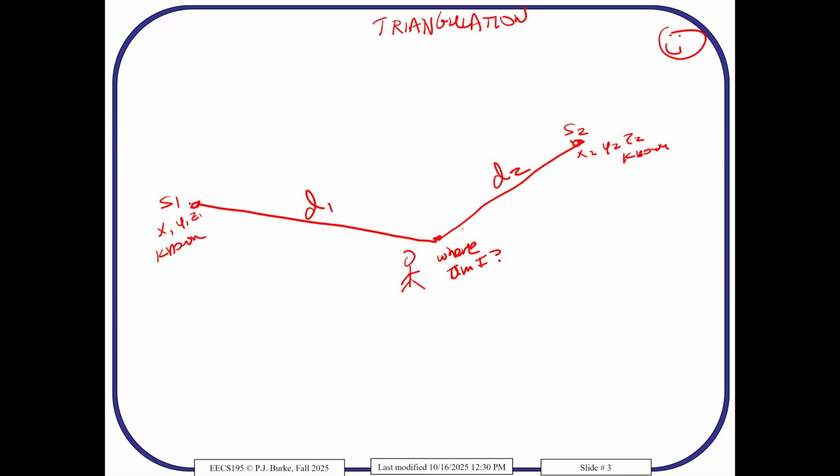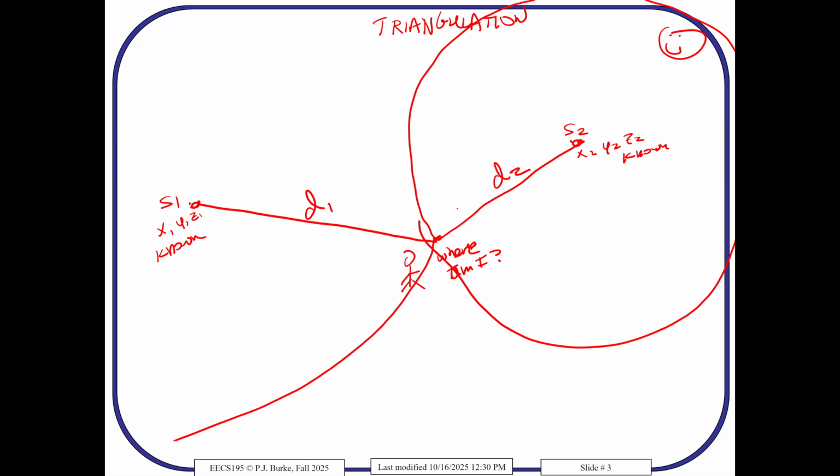Because if you know the distance to satellite 2 is D2, then you know your position is somewhere on a circle of radius D2. And similarly, if you know your distance to satellite 1 is D1, then you know you're on a circle of radius D1 somewhere. So there are 2 points where those circles intersect, so you know you're at one of those 2 points. And that's the principle of triangulation.